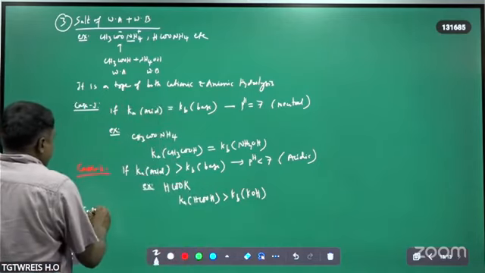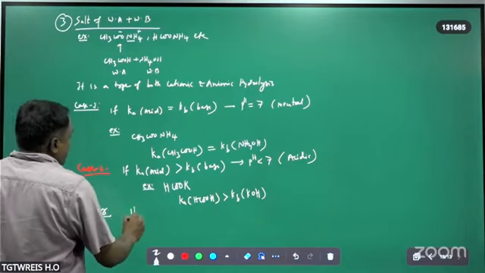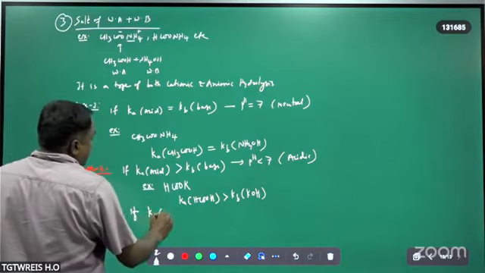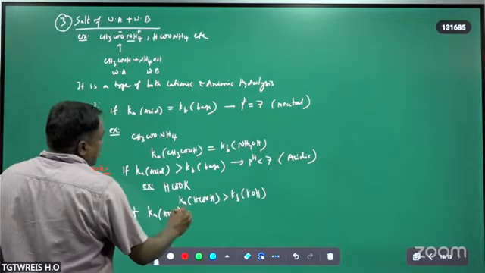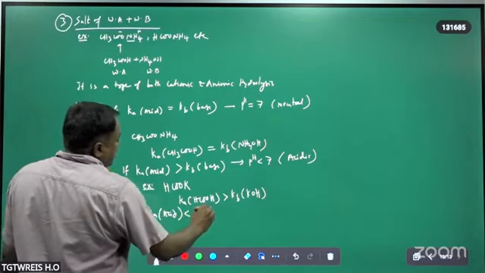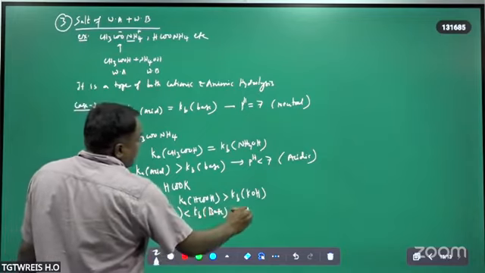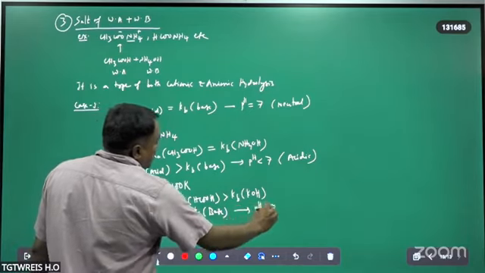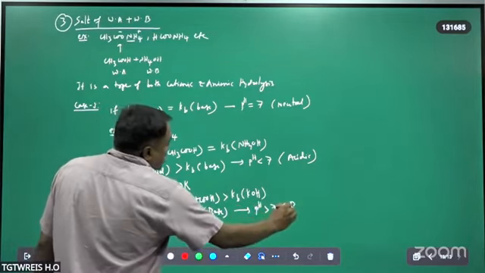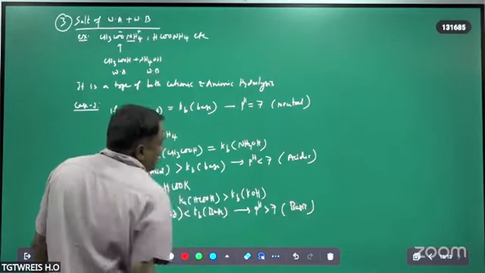Case 3: if Ka of the acid is less than Kb of the base, pH is greater than 7 and the solution is basic in nature.